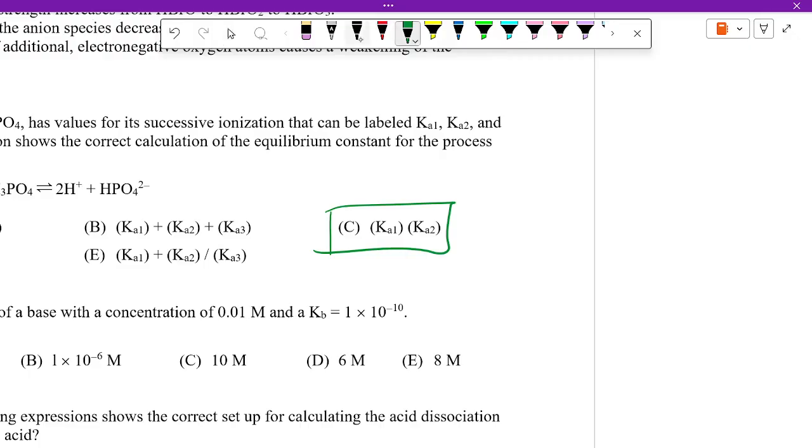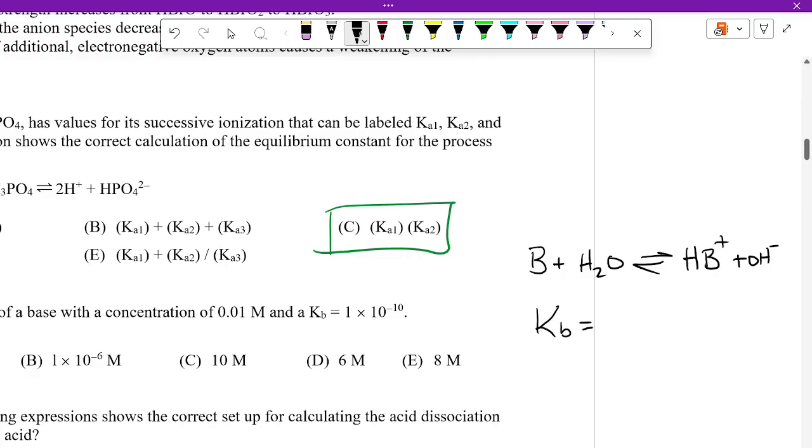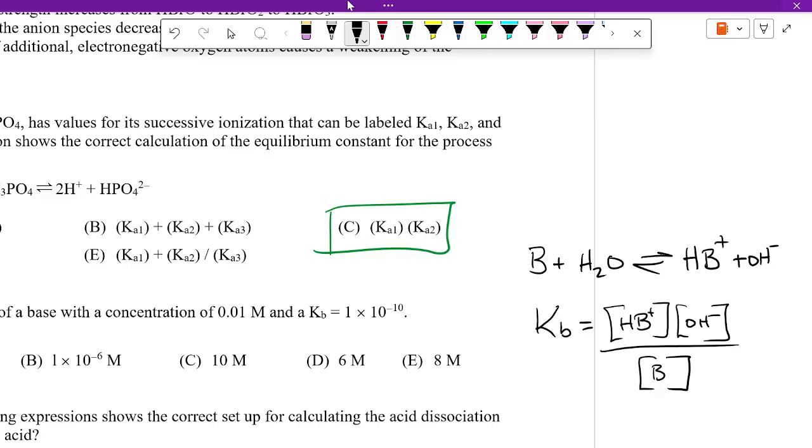What I would do is write my Kb expression. I've got B plus H2O in equilibrium with HB plus OH minus, and so my Kb expression would be HB times OH over B. So far, so good?